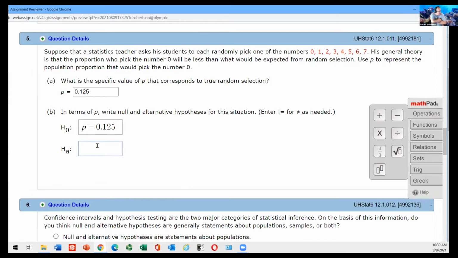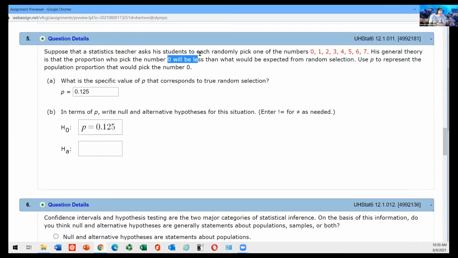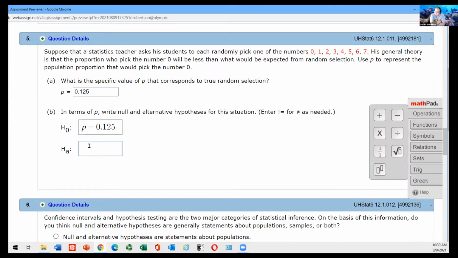What would the alternate hypothesis be? Because they believe that you will pick 0 less than you'd expect. So how would you describe that in an alternate hypothesis? HA is less than 0.125.